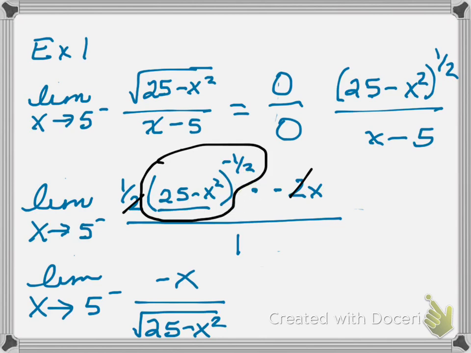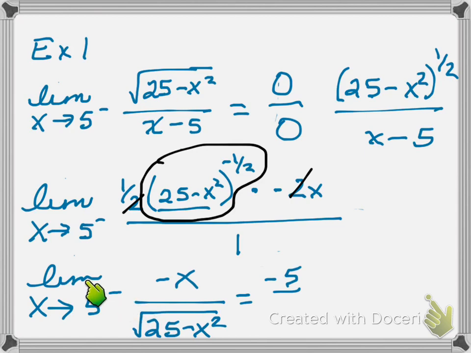And so now, if you plug in the 5, what happens? Let's try it again. Plug in the 5. When you plug 5 into here, you're going to get negative 5. When you plug 5 into here, you're going to get 0. And remember, these are really limits.